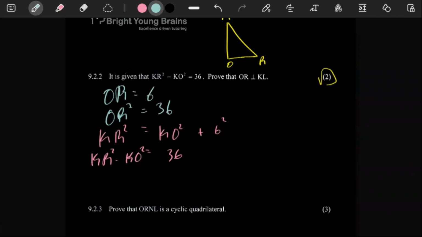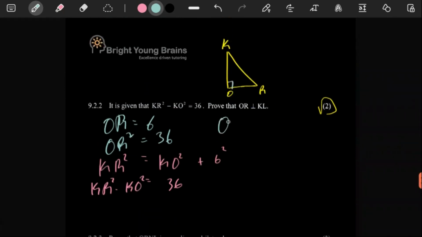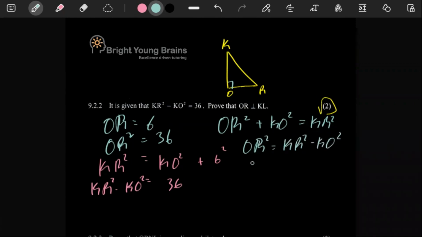So what you also know is that if these are perpendicular, then OR squared plus KO squared is equal to KR squared, you see. Of which, if you have OR squared on its own, you would have KR squared minus KO squared. The OR squared, you mentioned that it is equal to 36.